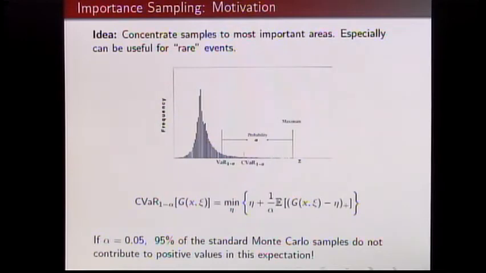You can think of this roughly as the conditional expectation of what's happening in your tail region. So if it's 95%, you look at the 5% tail, and you look at the conditional expectation. This one is the quantile, or actually the left quantile to be more precise. It's called the value at risk, and so on and so forth.